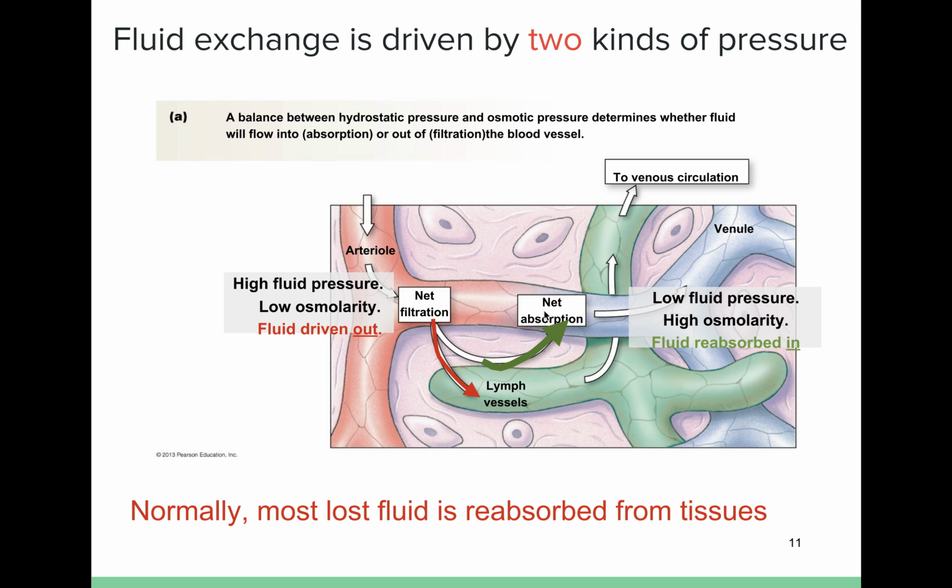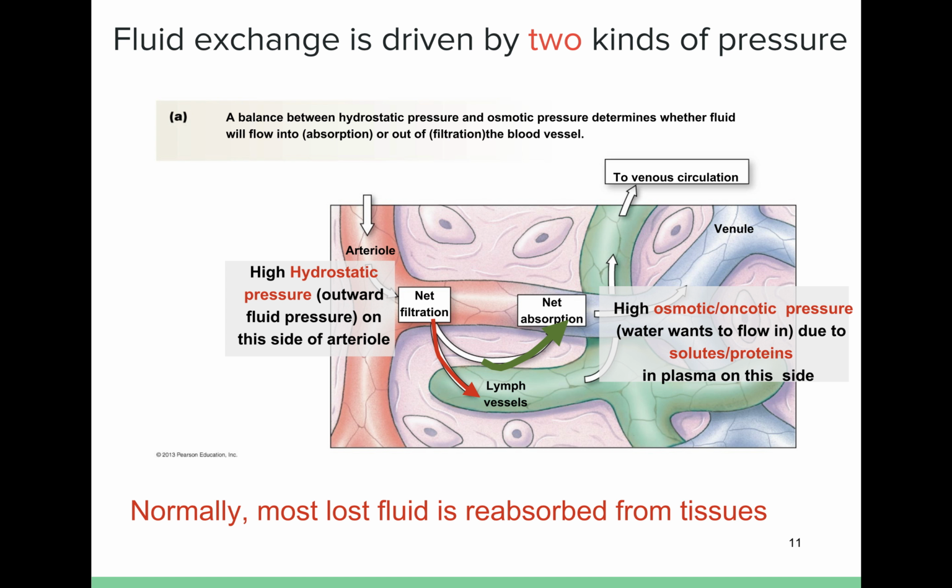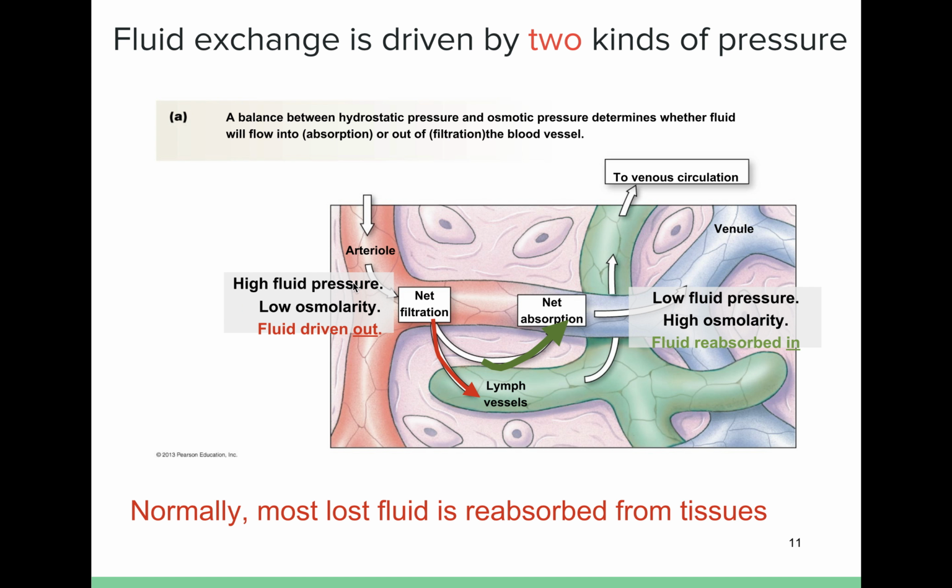So now if I look at this side, the pressure due to the fluid is relatively low compared to the osmolarity. So now on this side, osmolarity dominates, and by osmosis, fluid goes back in. So the idea is that on this side, fluid is driven out by high fluid pressure, and it is absorbed back in due to osmolarity being higher than the pressure.